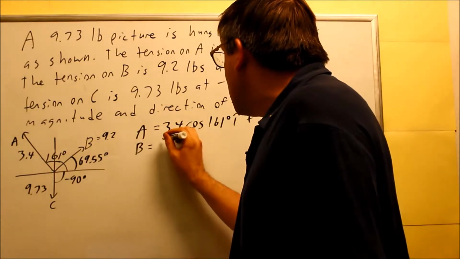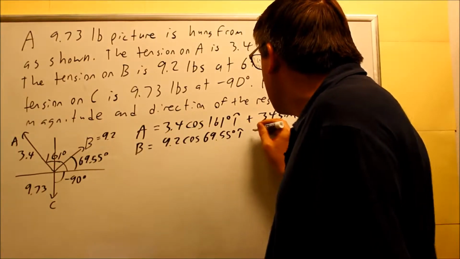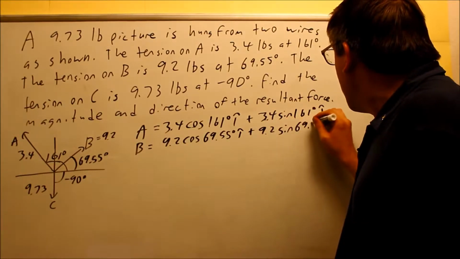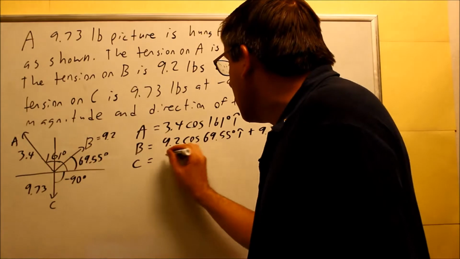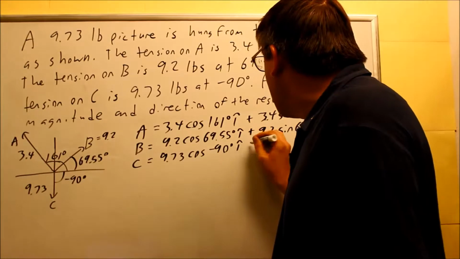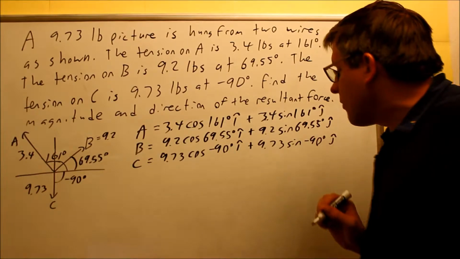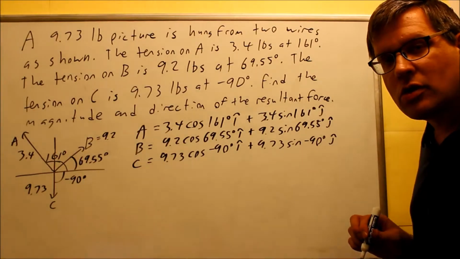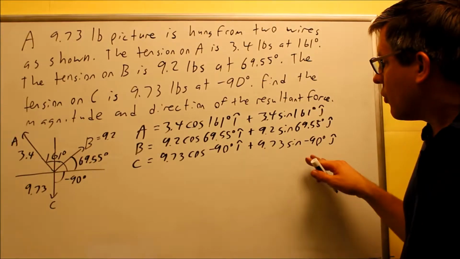Now B, that's 9.2 cosine 69.55 degrees I, and 9.2 sine 69.55 degrees J. Then for C, we have 9.73 cosine negative 90 I and 9.73 sine negative 90 J. So that's all three forces broken up into components based on what was originally provided in the word problem, and we used our diagram as a guide for labeling all those.